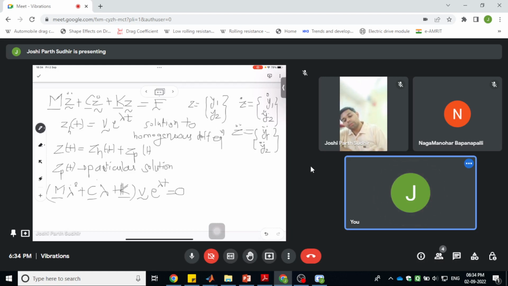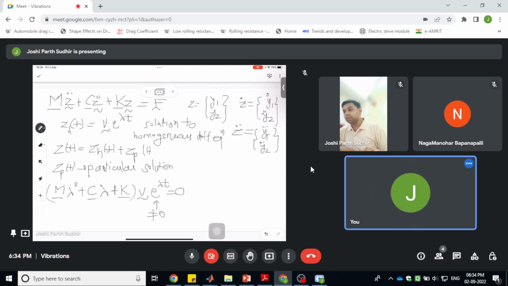So we have m lambda square plus c lambda plus k, this whole matrix, into v e to the power lambda t, is 0. The exponential is not equal to 0 for any real value of time, and the right hand side is 0.